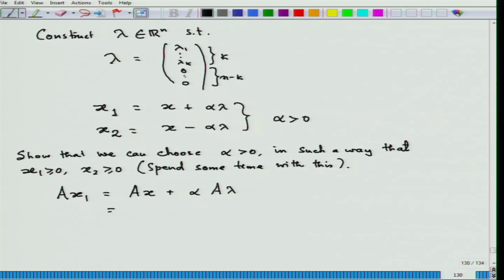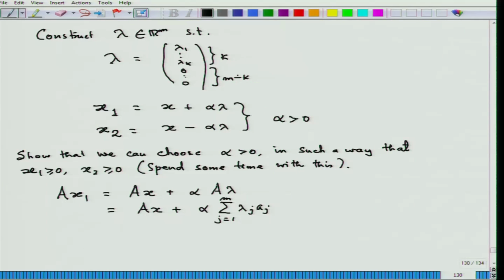Now, this is giving me A x plus alpha times the summation of lambda_j a_j, j equal to 1 to k. Sorry, I made a mistake, it is m, in R^m, because this corresponds to m rows, so the maximum number of linearly independent columns is m. So, if k is bigger than m, we have to do something.